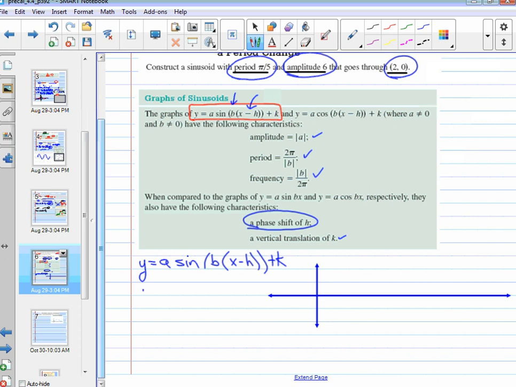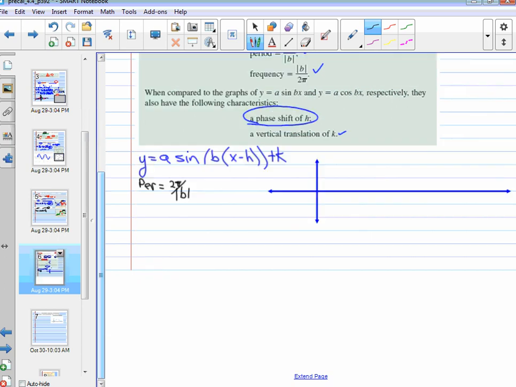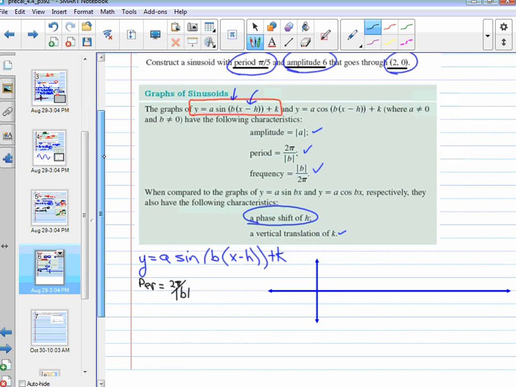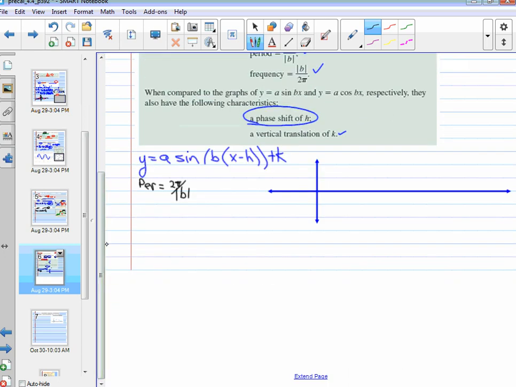Do you remember what the period formula was? It's right there: period equals 2 pi over b. So if the period is pi over 5, pi over 5 should equal 2 pi divided by b, and I'm going to have it positive, so I'm just going to write b. B will be a positive value.